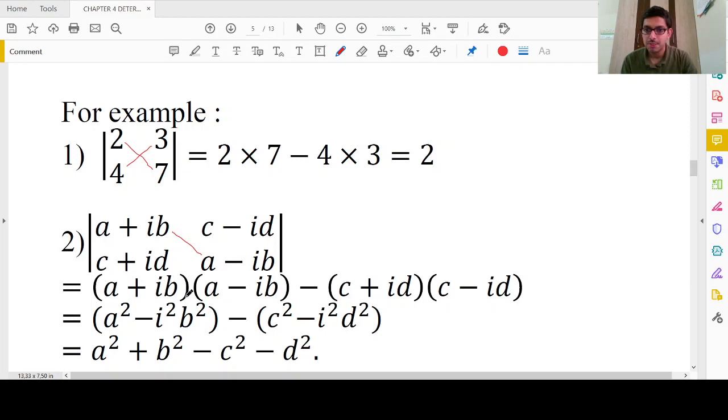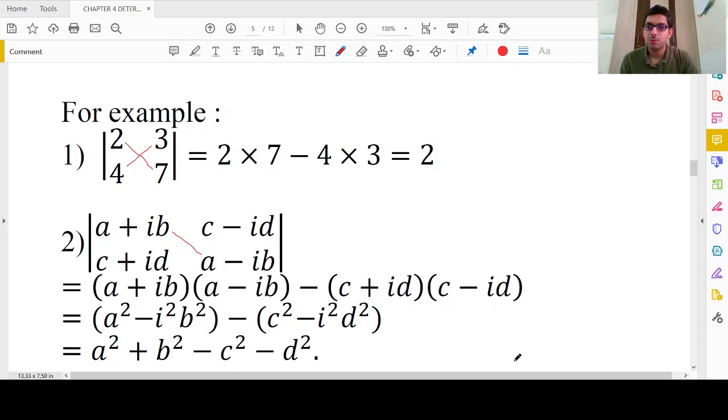So a plus ib into a minus ib becomes a square minus i square b square. Since i square is minus 1, it becomes a square plus b square, minus c square. Again, this becomes plus d square, so minus of plus d square becomes minus d square.